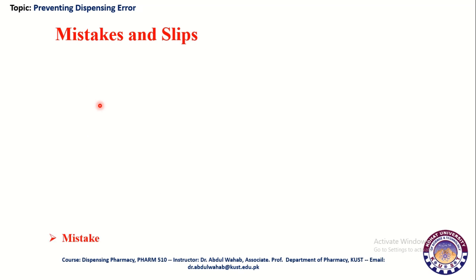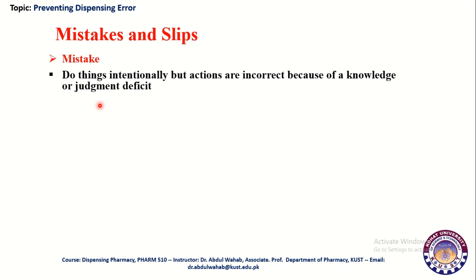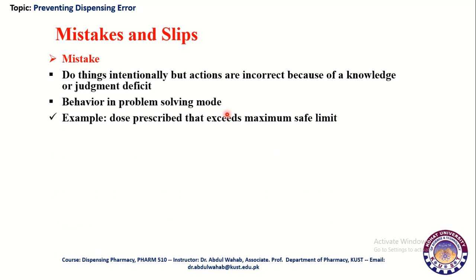Mistakes and slips. Mistake: do things intentionally, but actions are incorrect because of a knowledge or judgment deficit. Similarly, behavior in problem solving mode. Example: dose prescribed that exceeds the maximum safe limit.